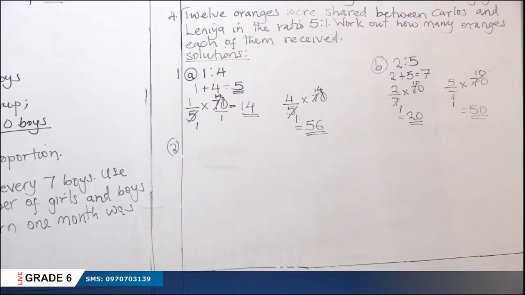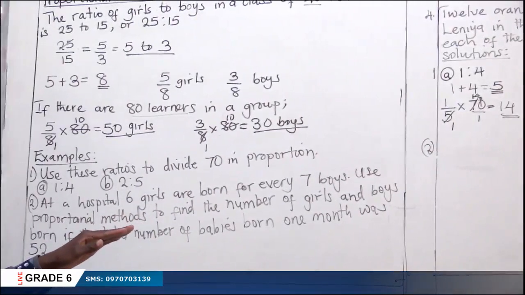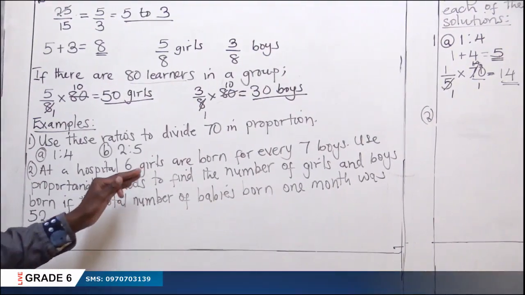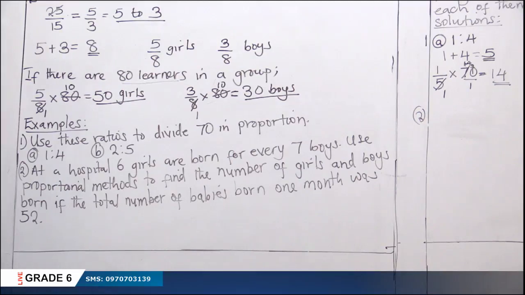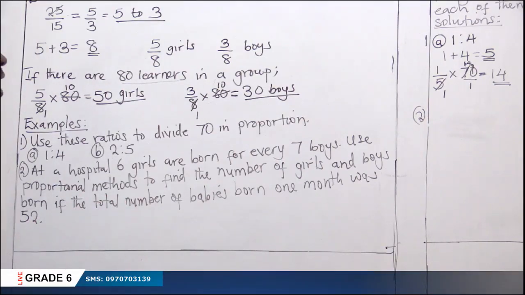Number 2: At a hospital, 6 girls are born for every 7 boys. Use proportional methods to find the number of girls and boys born if the total number of babies born in 1 month was 52.